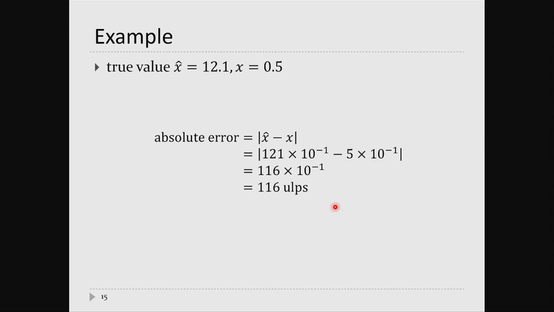Okay, if they don't have the same exponent, you have to do some math. So here, 112.1 is 121 times 10 to the minus 1.